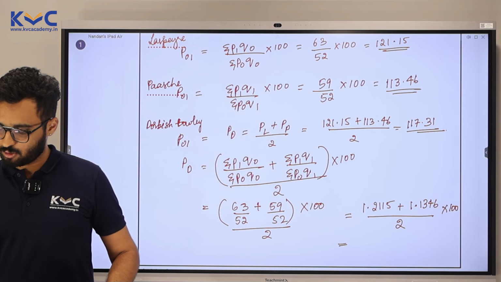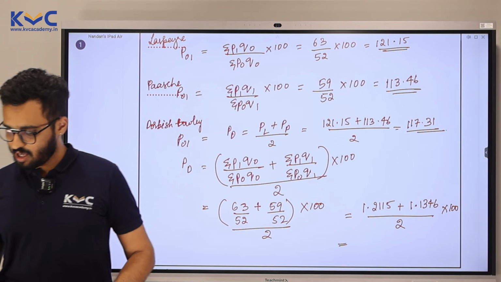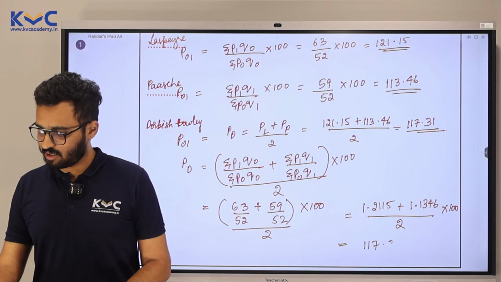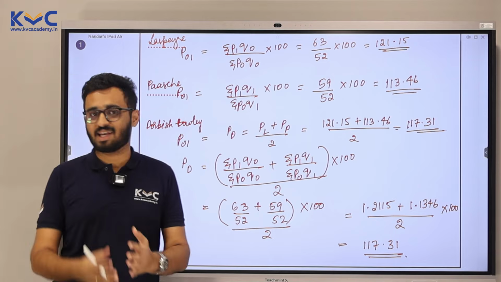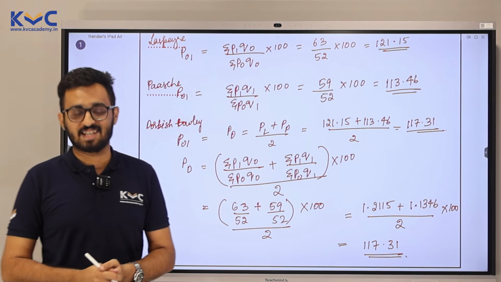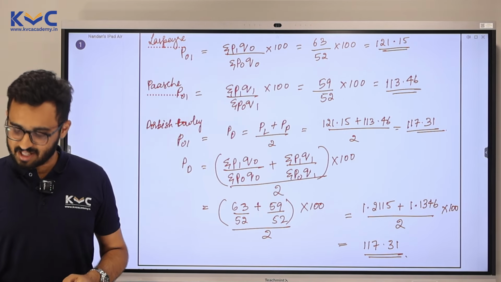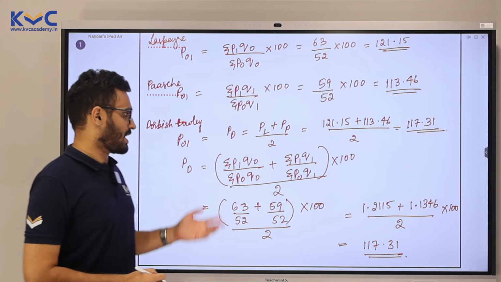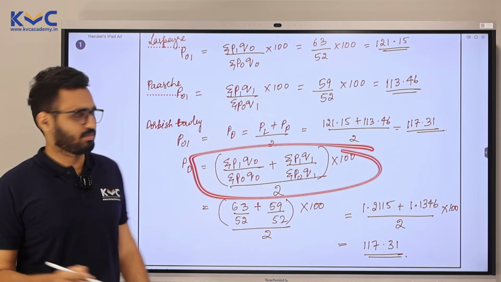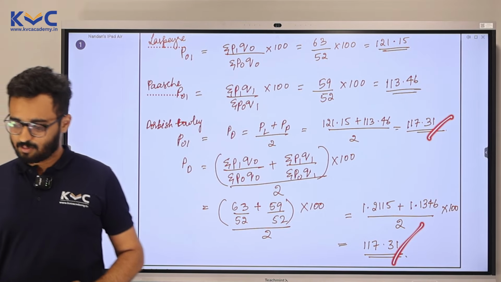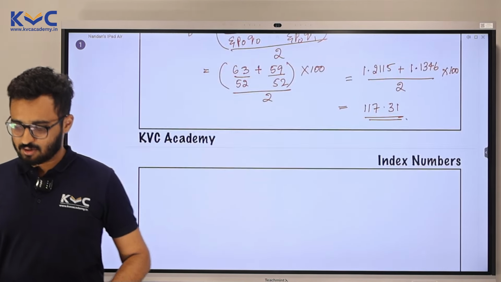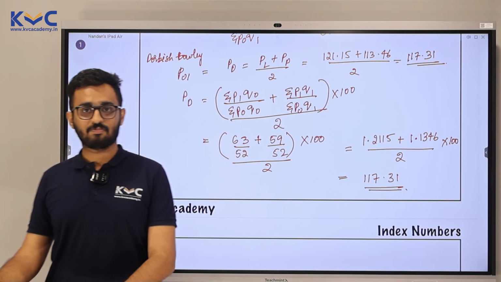So 1.2115 plus 1.1346 divided by 2 into 100, I'll get 117.305, which is 315. You have to get the right answer. There is no rocket science in this, right? The Dorbish-Bowley is the arithmetic mean of Laspeyre plus Paasche. That is how we get this formula also. Nothing is getting changed. So Dorbish-Bowley, under both the methods, I have given you the same answer.